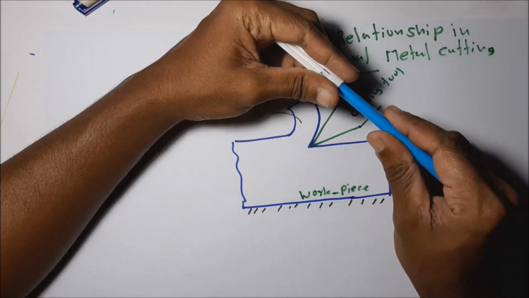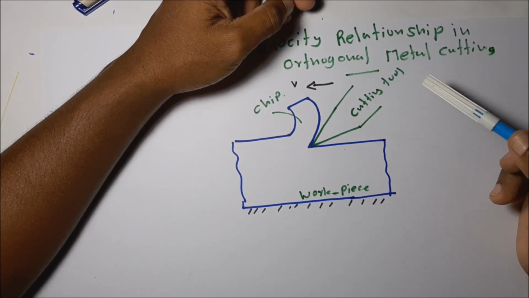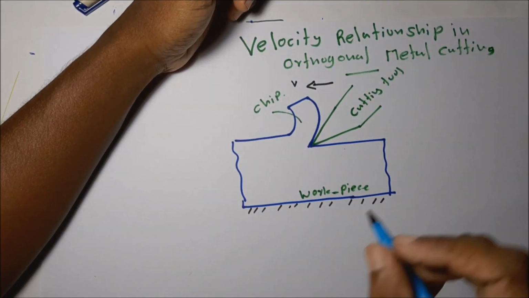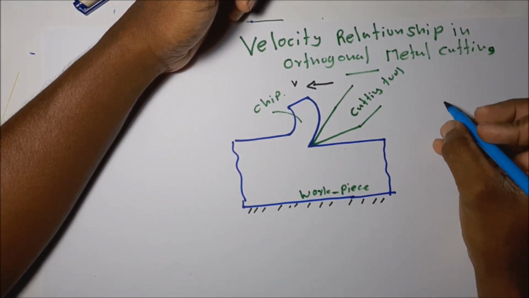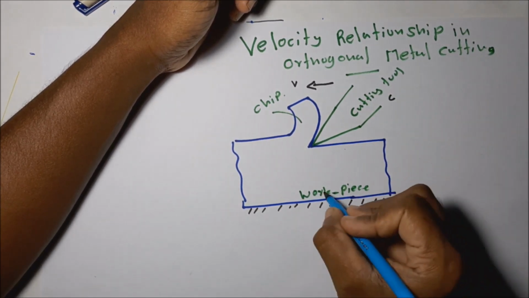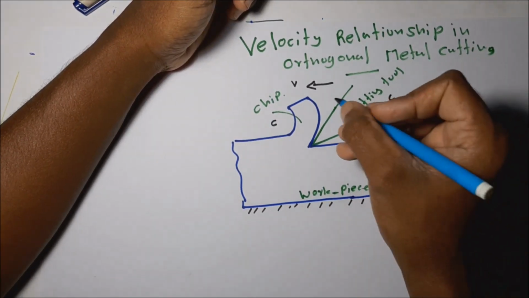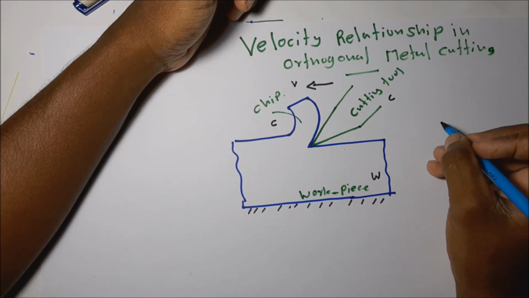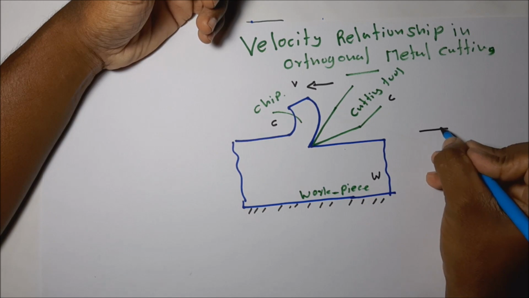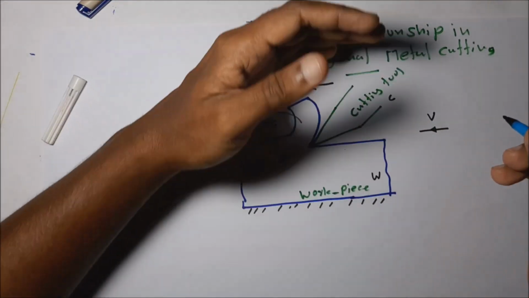So how do we define the cutting velocity? It is the relative velocity between the workpiece and the cutting tool edge. For the cutting tool I am using T, for the workpiece I am using W, for the chip I am using C. That means we can represent this velocity V by a vector in this direction.